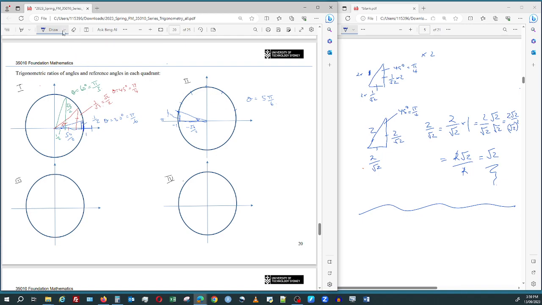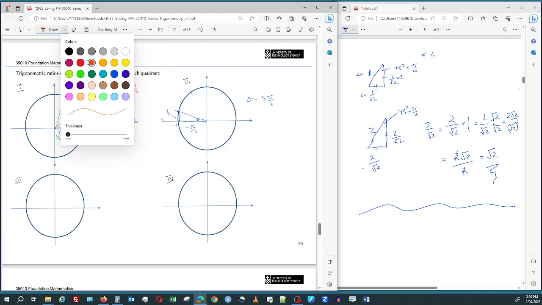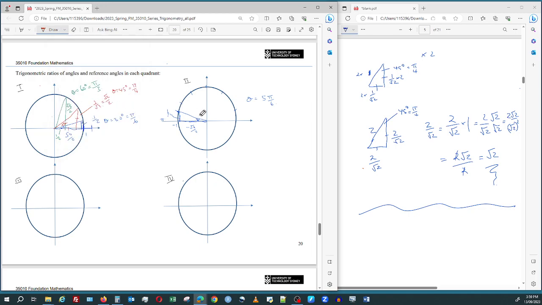What about this guy here? Going halfway. Same thing. Theta is 45 degrees, which is pi on 4. Not quite, because we've got to do the count.